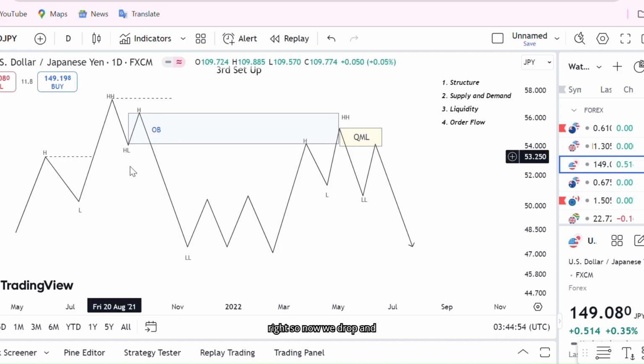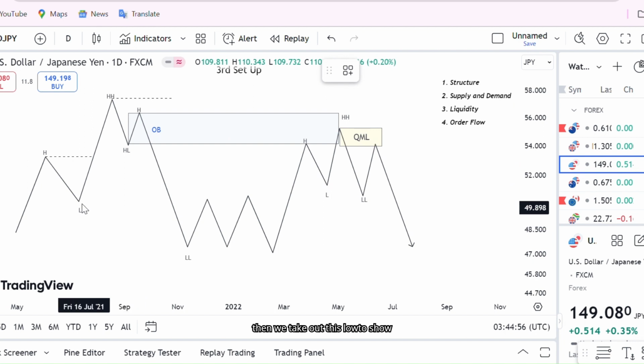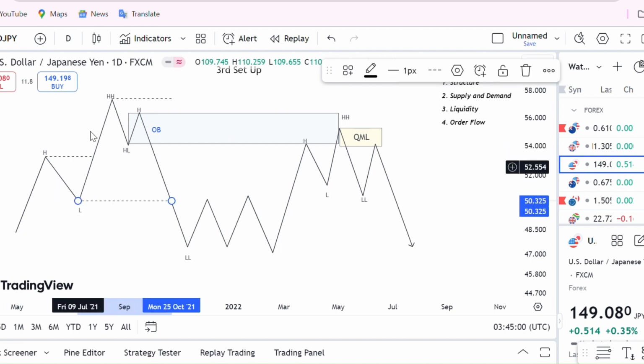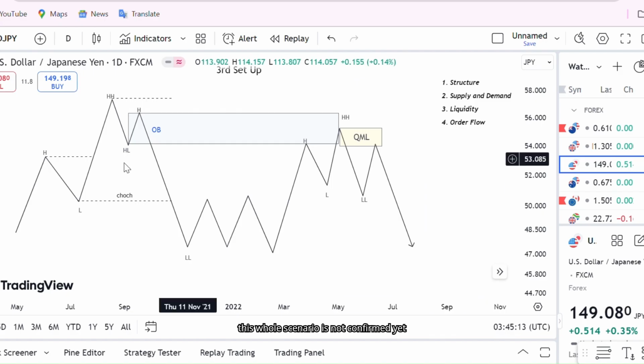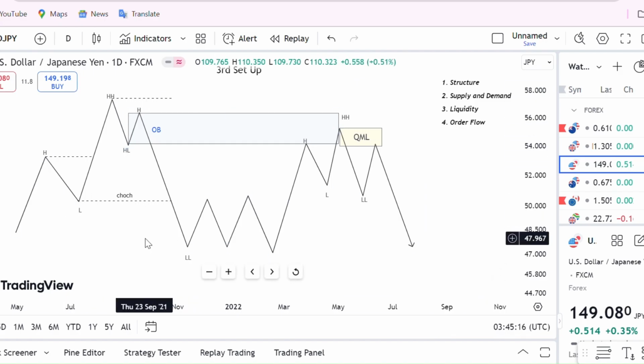So now we drop and then we take out this low to show that, okay, from this uptrend we might have a change of character here, and we might be switching from going to the upside to going to the downside, but this whole scenario is not confirmed yet, right?